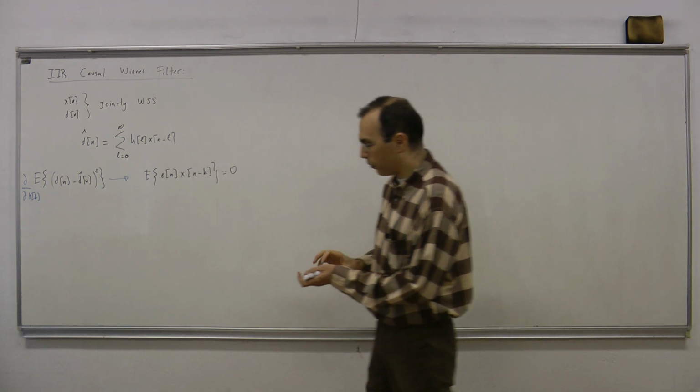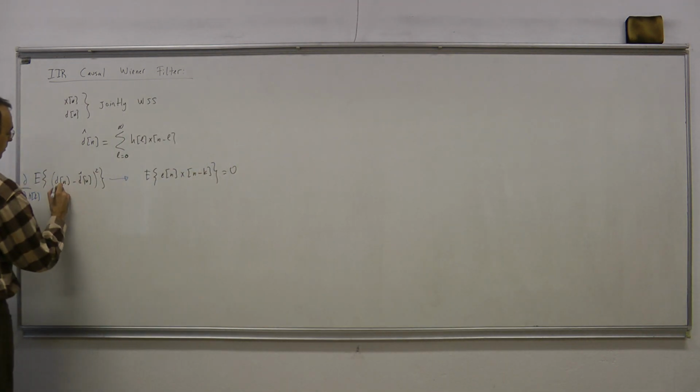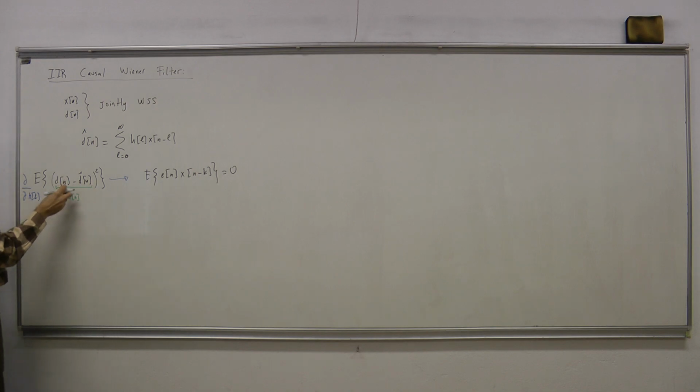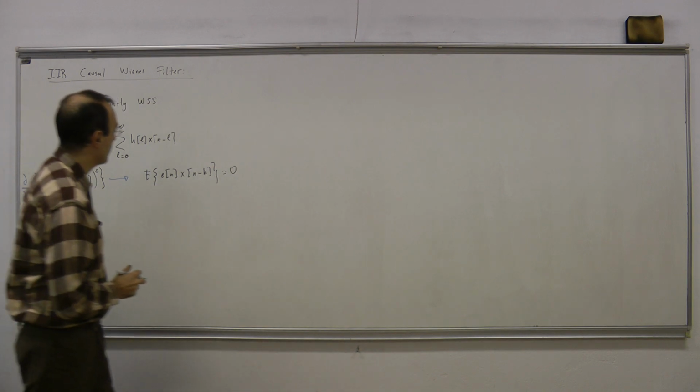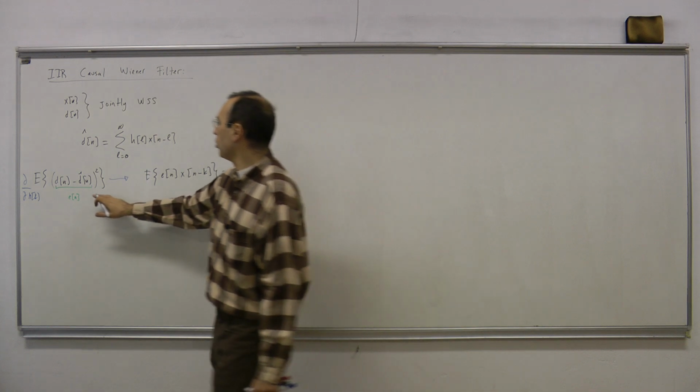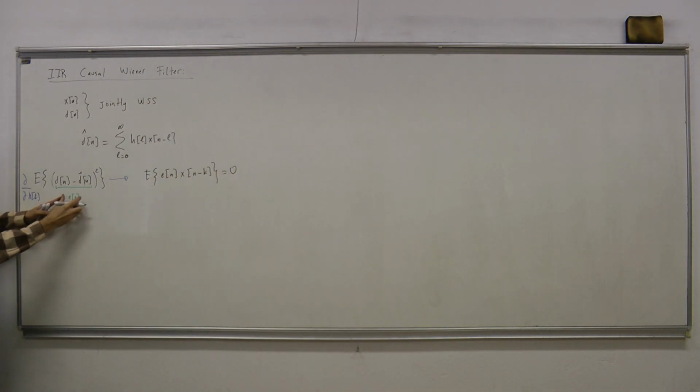Okay. So what is e of n? e of n is this error. It's a process again because it's the difference of two processes. I'm only focusing on this nth sample. So this is the estimation error for the nth sample. So this is like an estimation of a single quantity.